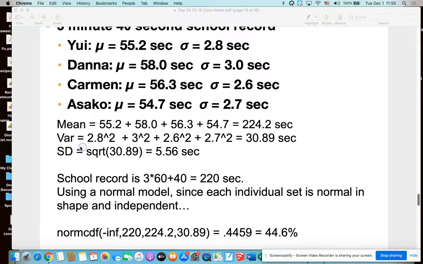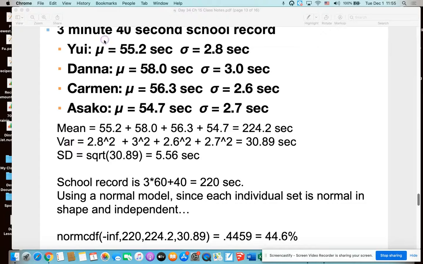Okay, so for variance, to find out the standard deviation, because maybe Yui swims really fast one day, but the other 3 swim slower than normal. Or maybe they all swim faster than normal and they do break the record. Or maybe they all swim slower than normal. Every single person has their own variation going on, so when you put them together, you get a lot of variation.